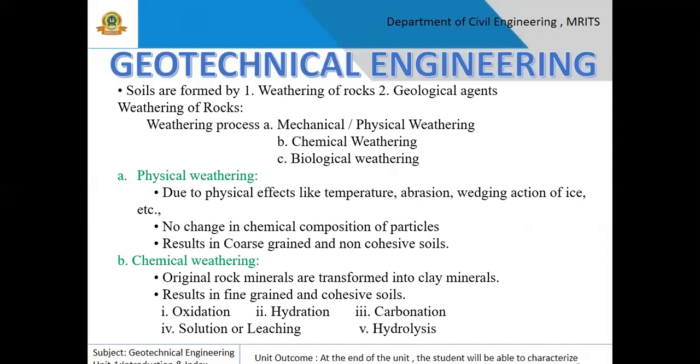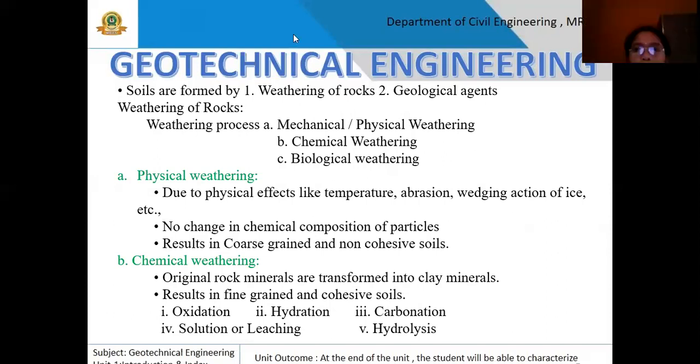In chemical weathering we also have different processes like oxidation, hydration, carbonation, solution or leaching, and hydrolysis. These are all the processes that occur in chemical weathering.